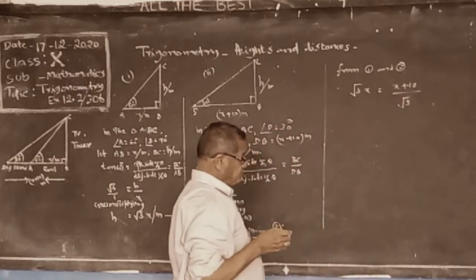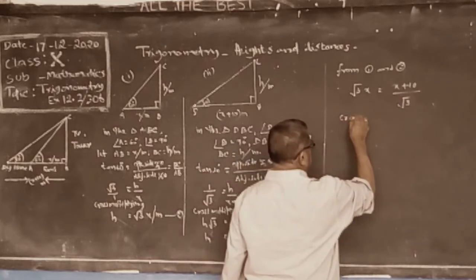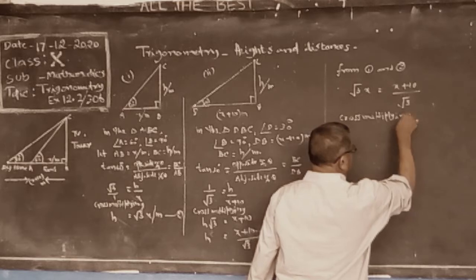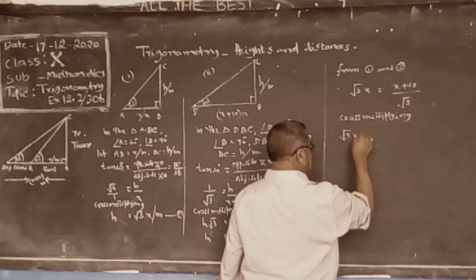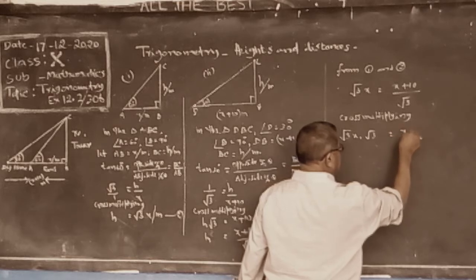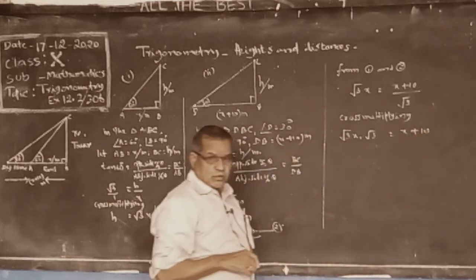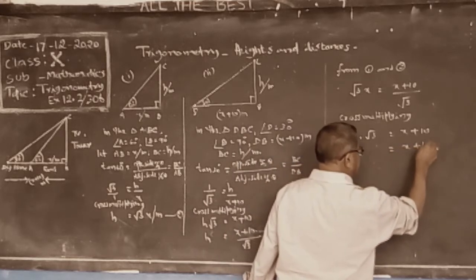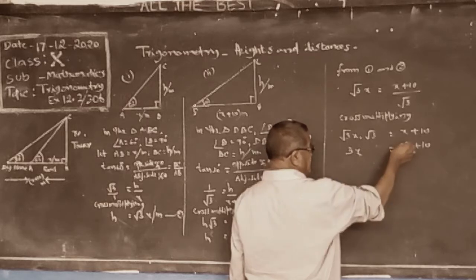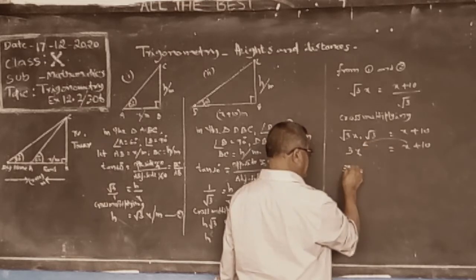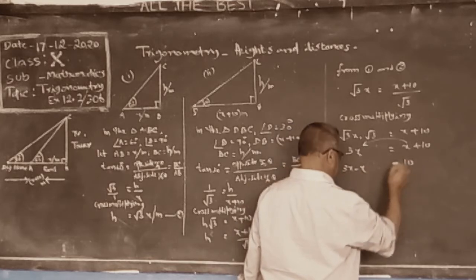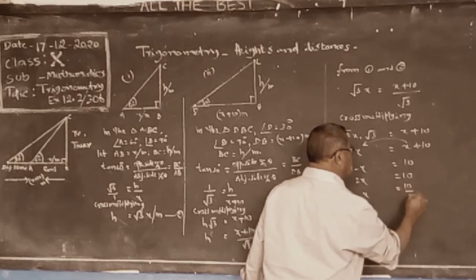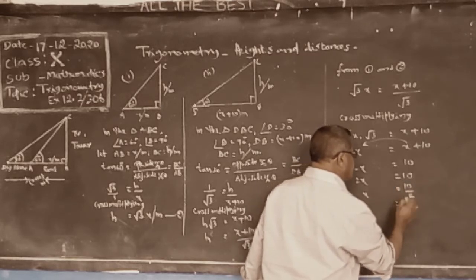Cross multiply: root 3x into root 3 is equal to x plus 10. Root 3 into root 3, 3x is equal to x plus 10. We get x on the left side. So 3x minus x is equal to 10, 2x is equal to 10, x is equal to 10 by 2, x is equal to 5.